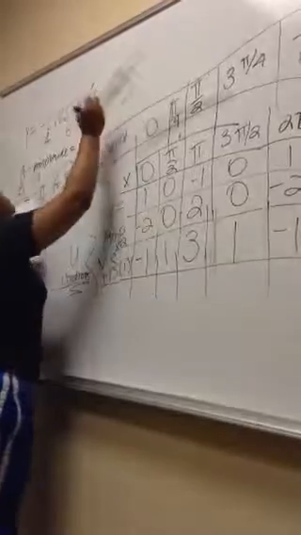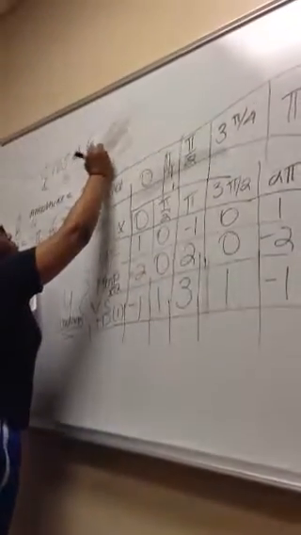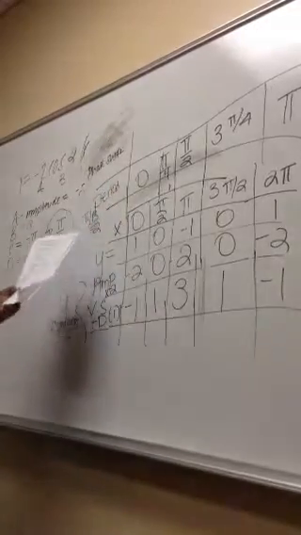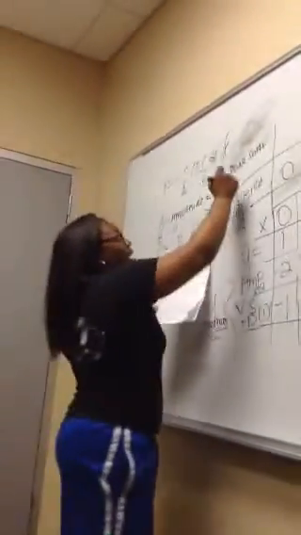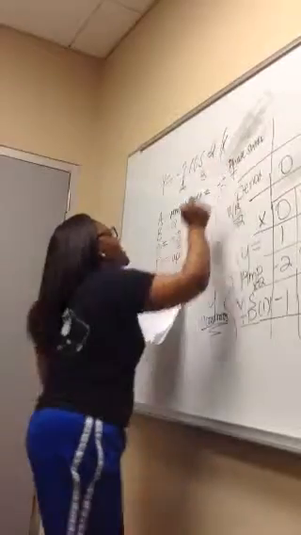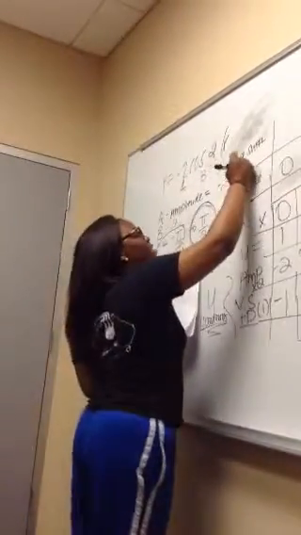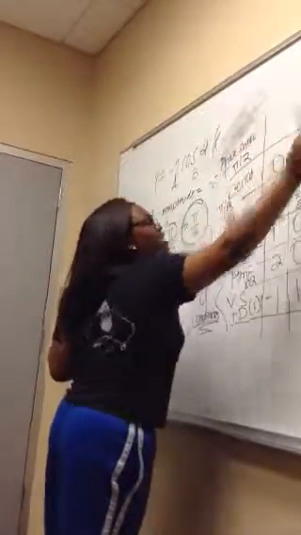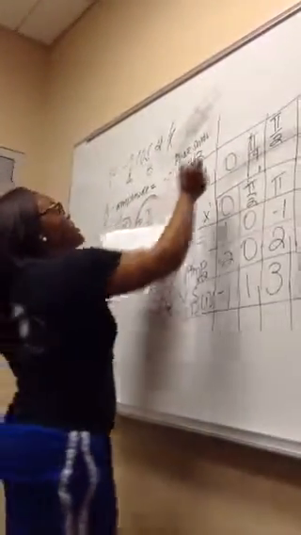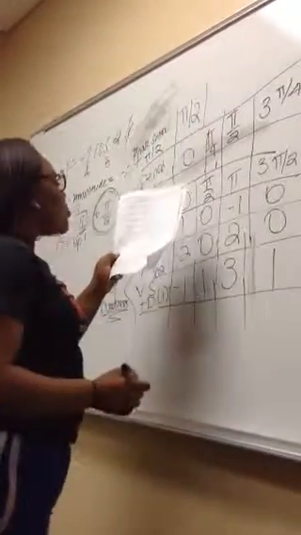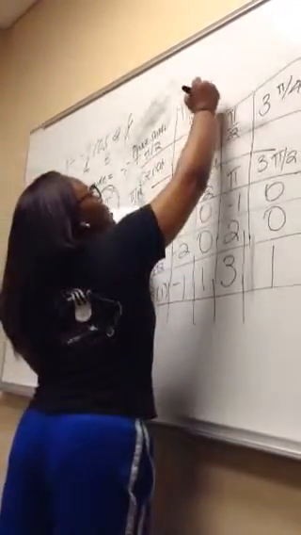Next, we will be finding your phase shift. In order to find the phase shift, we must add c. So we must add pi over 2 to these values. 0 plus pi over 2 is obviously pi over 2. Pi over 4 plus pi over 2 is 3 pi over 4.